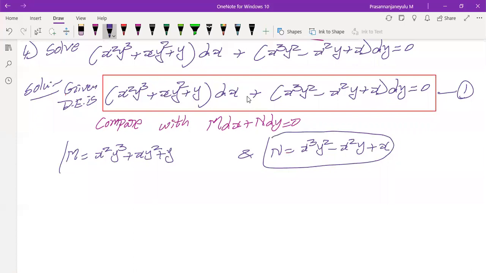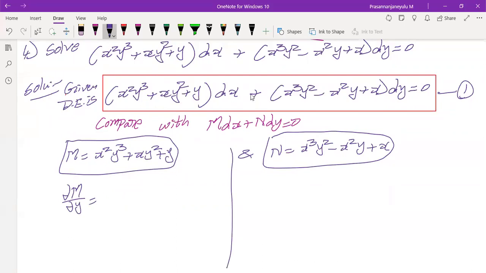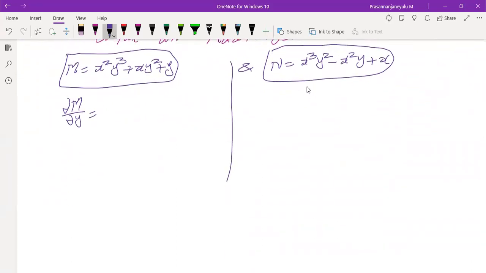For this M and N, what we have to find? Dou M by dou y and dou N by dou x. So find dou M by dou y, the partial differentiation of M with respect to y. While doing this, which variable do we treat as constant? x is constant, so x square is constant.